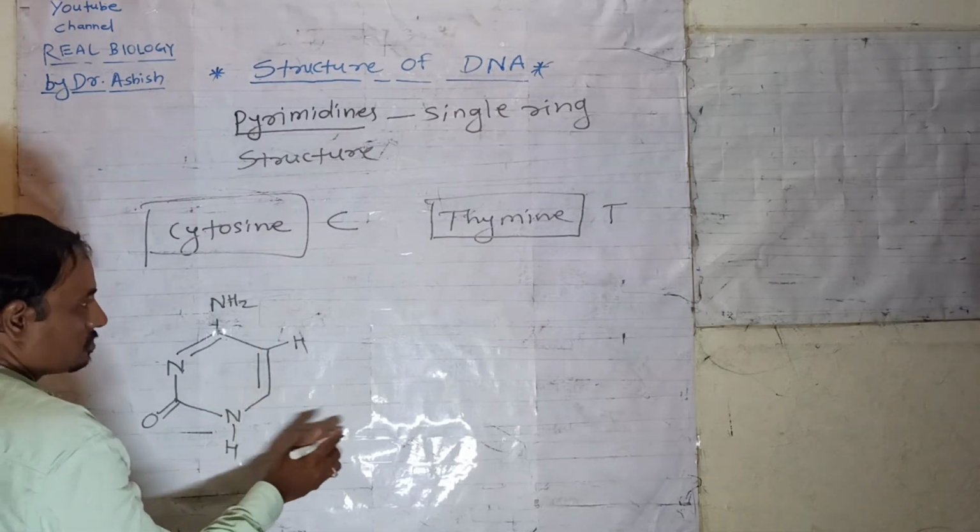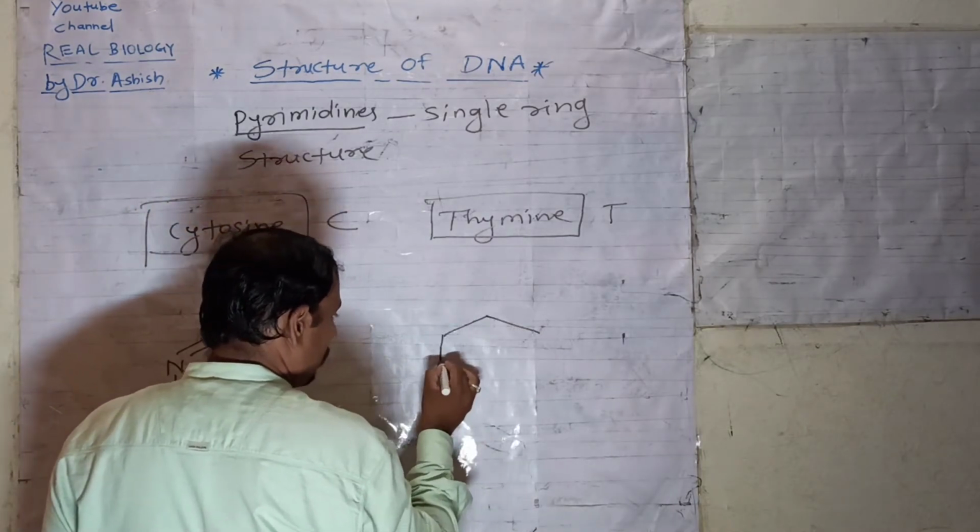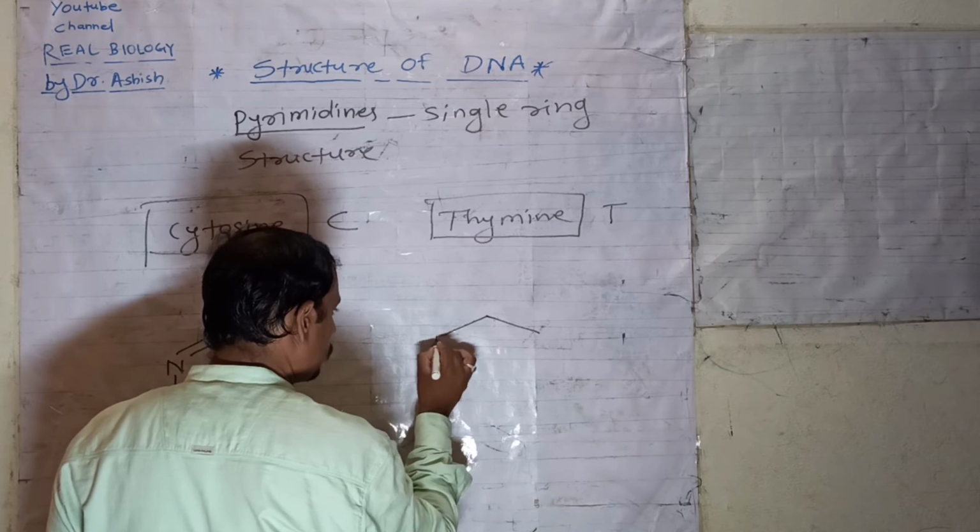So it is cytosine. Now what is thymine? It contains oxygen atoms out of the ring at the position of both groups.